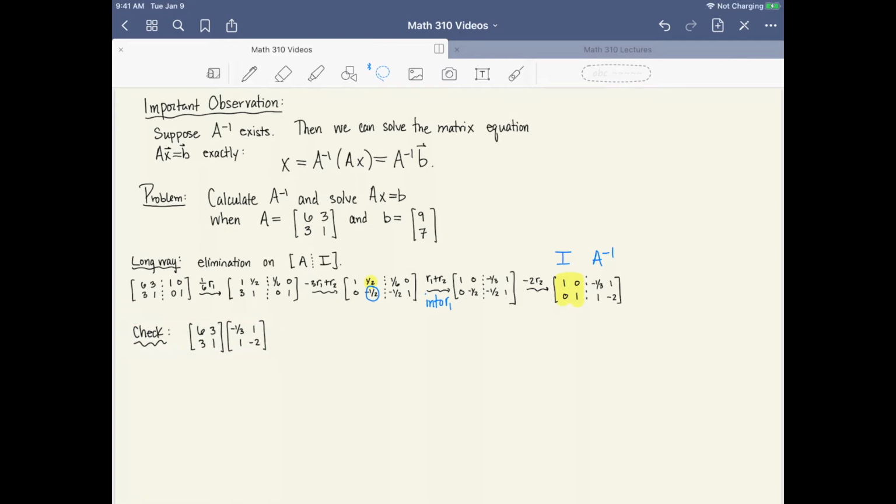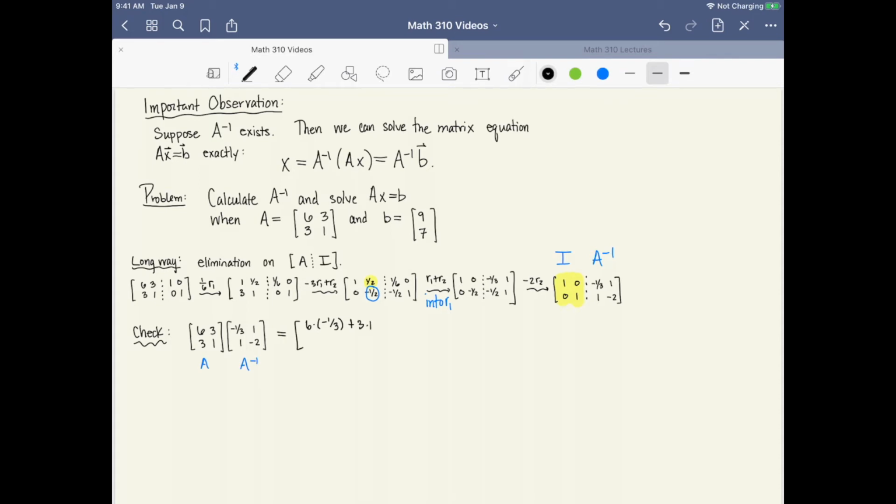So for that check, what I'm going to do is take A times A inverse and just verify that when I multiply them together, I get the identity matrix back. So using my rules for matrix multiplication, in the first entry, I'm going to have a 6 times -1/3 plus 3 times 1.